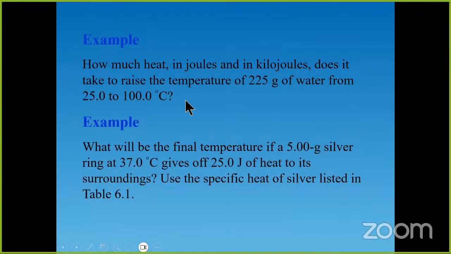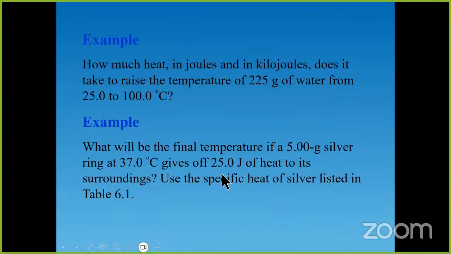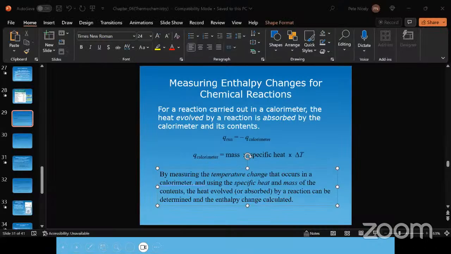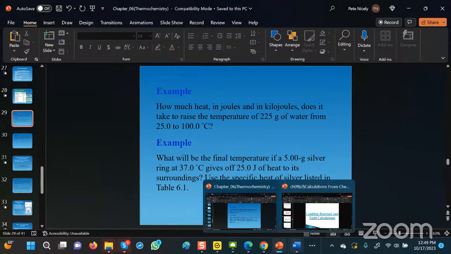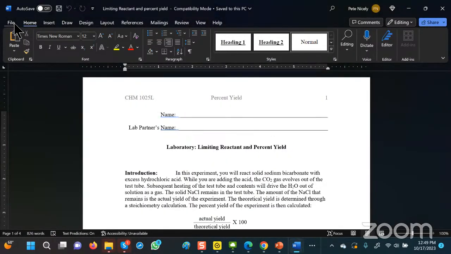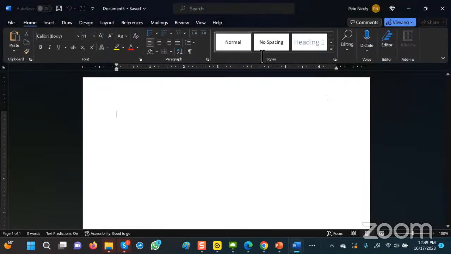So let's look at these examples here. It says here, how much heat in joules and in kilojoules does it take to raise the temperature of 225 grams of water from 25 degrees Celsius to 100 degrees Celsius? So let me open up Word.